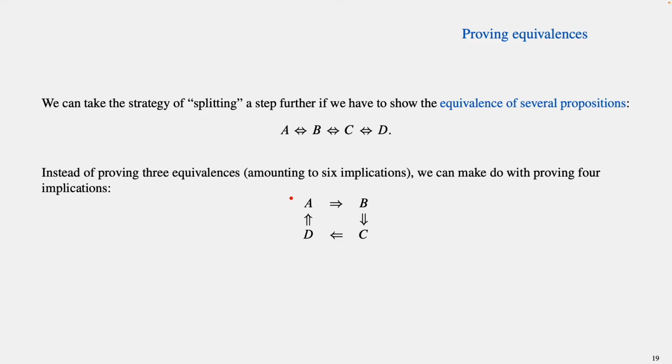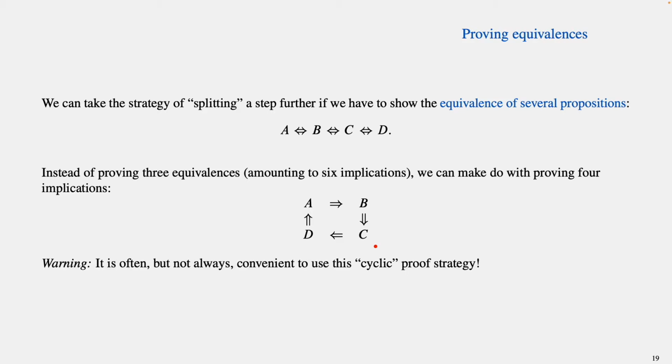Now, if we use the split strategy from before, where we replace every equivalence by 2 implications, then this would amount to proving 6 implications, 2 between each 2 of the propositions here. So by using this cyclic pattern, we could actually reduce our work a little bit. However, it's not always possible to do this.